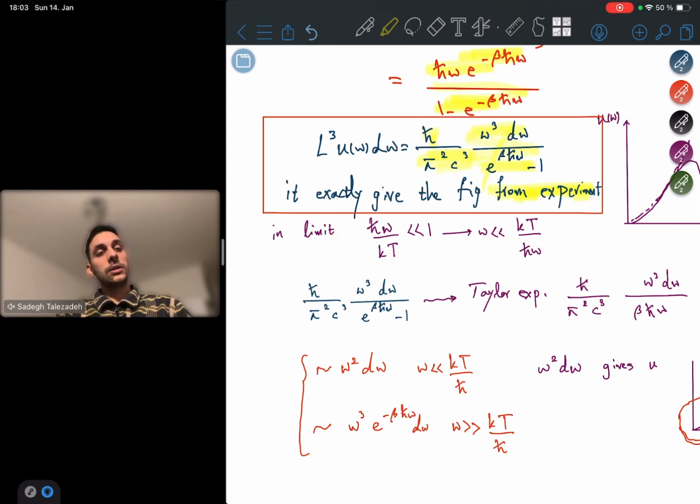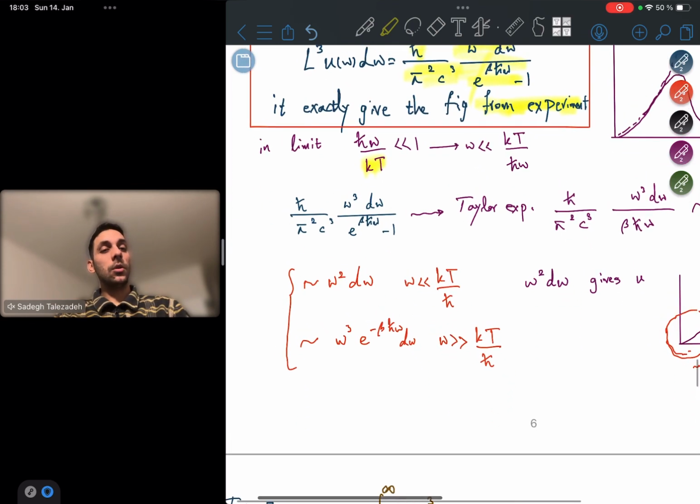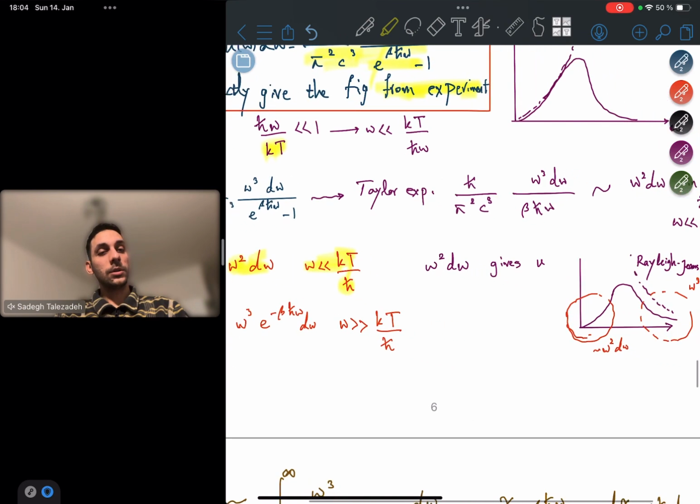So let's consider the limit where the frequency is low with respect to the temperature. So in the low frequency, our function has the behavior of omega squared d omega.